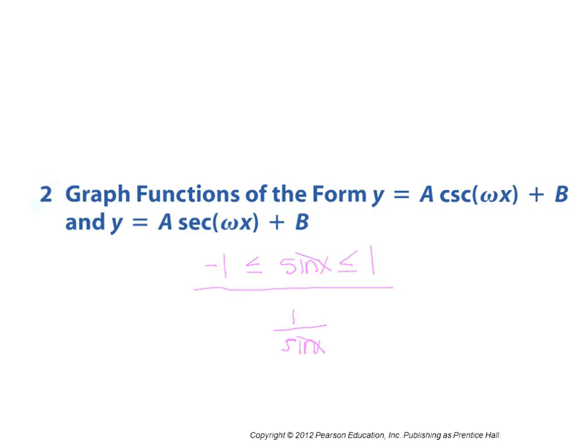right? Now, my minimum value is -1, so cosecant of x is equal to 1 over sine. So let's talk about when it's minus 1.